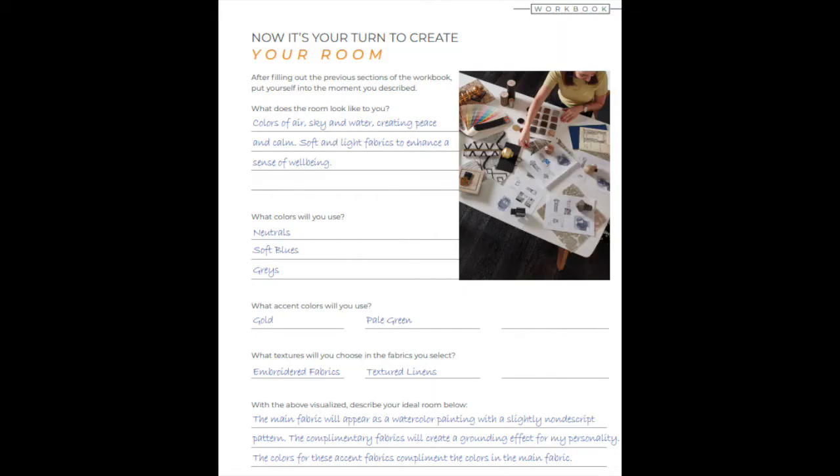And I want to share with you also, as I mentioned, normally this is a presentation that I give at a conference or in a workshop, and I have a group of students with me. And here's what I have found. After I lead them through the process, and I have them close their eyes, I have them put themselves into their creative mode, and write their descriptive terms down for the room that they have created in their mind's eye.